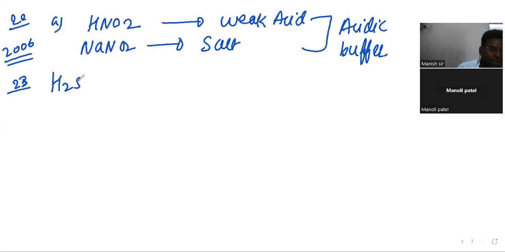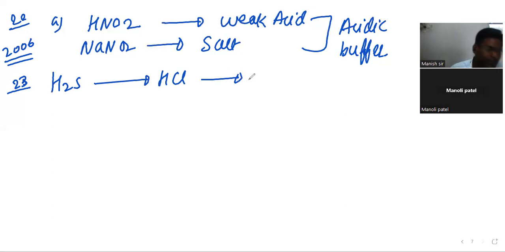It is talking about H2S, hydrogen sulfide gas, when passed through a solution containing HCl. When H2S is passed through HCl, it forms the cations of the second group of qualitative analysis, but does not belong to the fourth group, right?